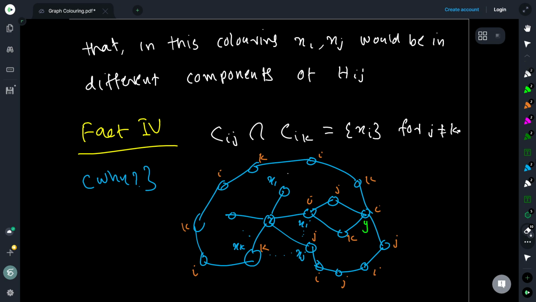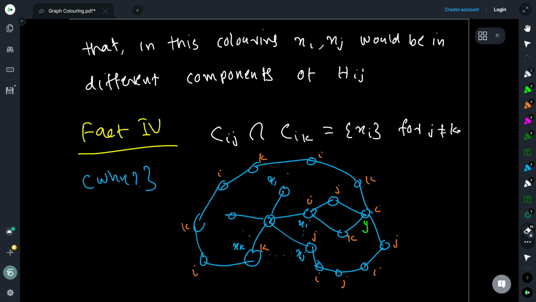Those components, their intersection is precisely the vertex xi for any j not equal to k. So the intersection of Cij and Cik must be precisely one vertex.